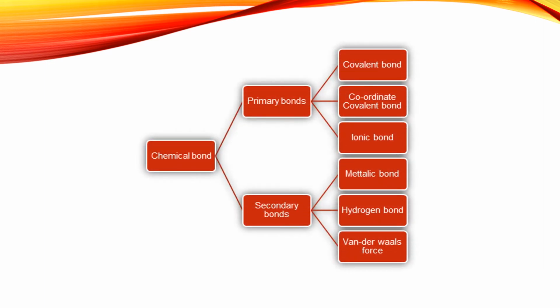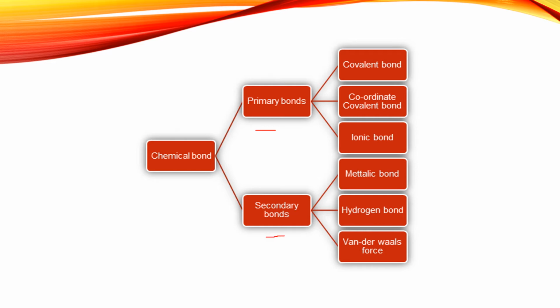Right? So here I give you some graphical introduction about chemical bonds. Chemical bonds are classified into two: primary bonds and secondary bonds, right?